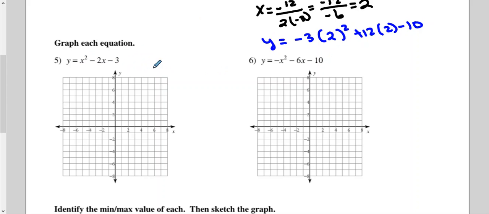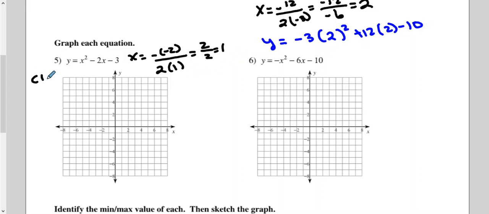So x equals negative b, that's negative negative 2, over 2 times a, so 2 times 1. So that's a positive. 2 times 1 is 2. So the x-coordinate is equal to 1.